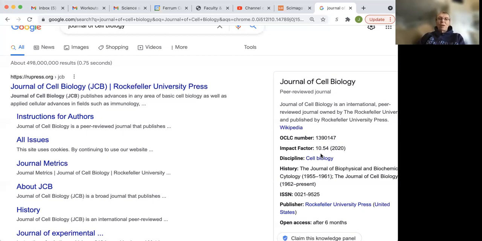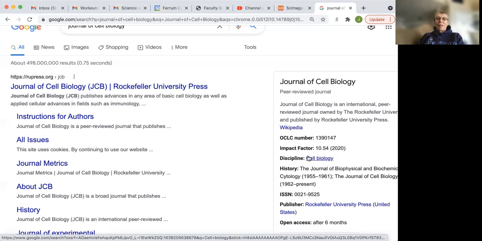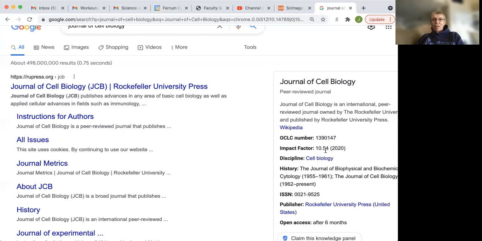So if you publish an article in Journal of Cell Biology, on average, in about 3 years' time, it will have been cited, referenced in 10 other articles. This just means that enough people working in a similar area are reading the paper and acknowledging it and find it interesting enough, relevant enough to actually reference in their own paper.